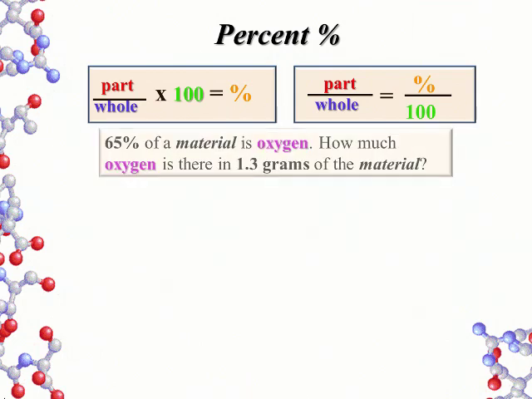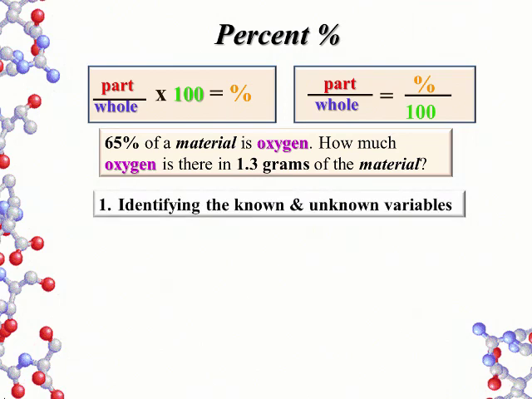The next problem is also a typical chemistry problem. Again, we are only interested in the percent element of this problem. 65% of a material is oxygen. How much oxygen is there in 1.3 grams of the material? The first step, identify the known and unknown variables and write them down.